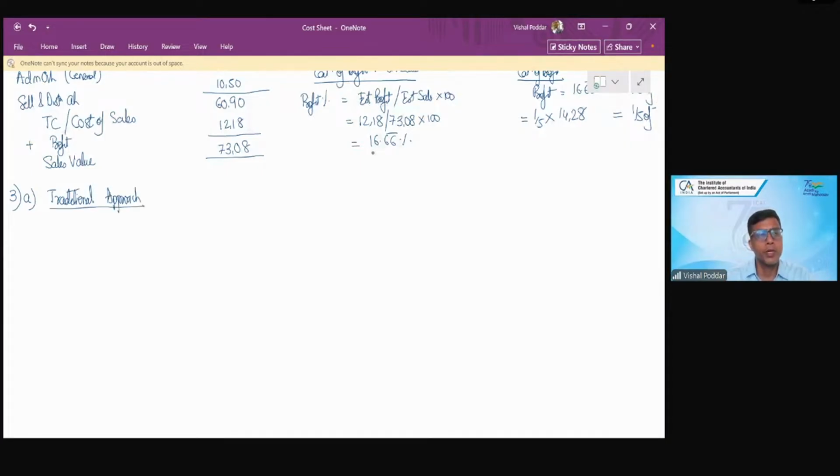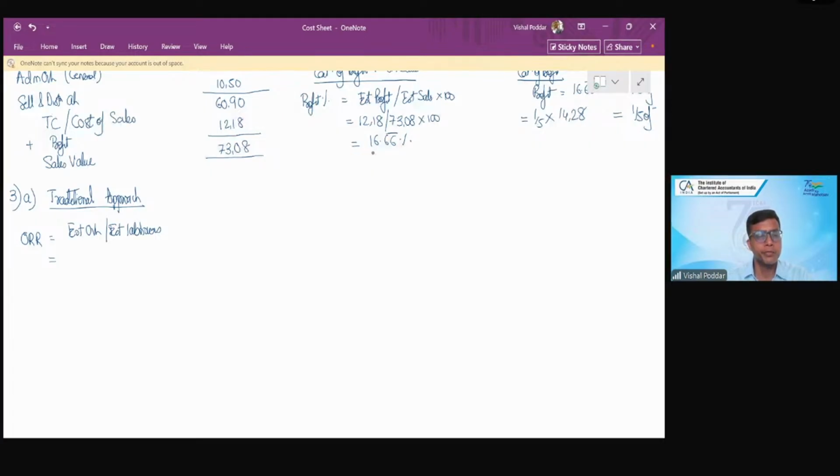Now we first find out our ORR. It is estimated overheads upon estimated labor hours, because their method is to recover overheads on the basis of labor hours.